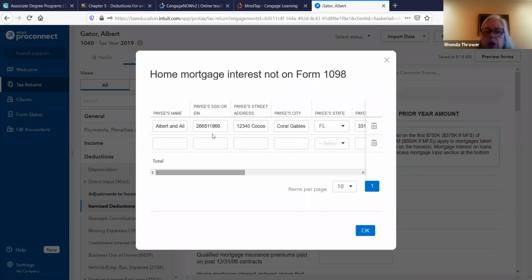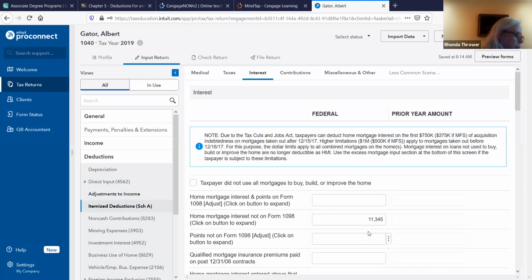So I got it described for you that it was home mortgage interest, and that's where I placed that. And that's the only place I need to put the amount of the interest for the mortgage.